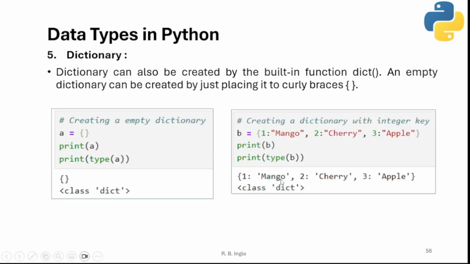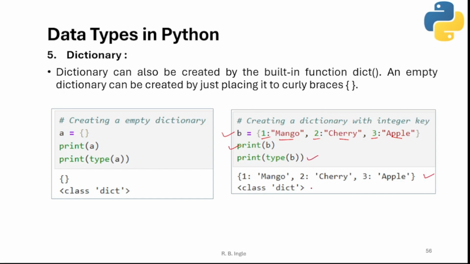Here we can see a dictionary is created, b equal to 1 colon mango, 2 colon cherry, 3 colon apple. So 1, 2 and 3 are the keys, which are integer values, so there is no need to write them inside quotes, but mango, cherry and apple are string values, so we need to write them inside quotes. When we print, I am getting it in the same sequence.